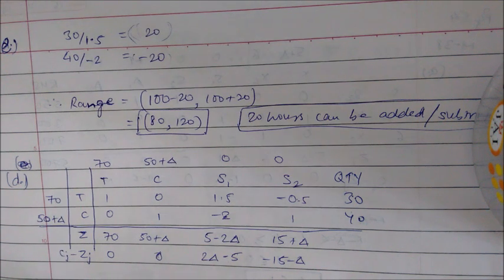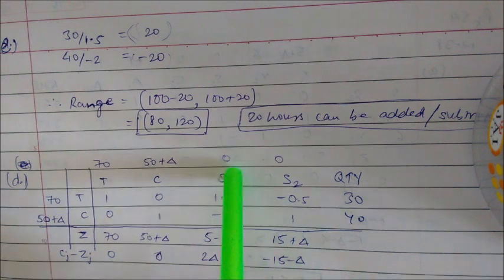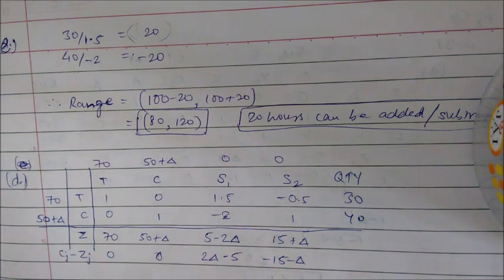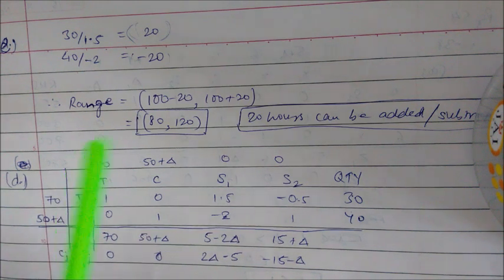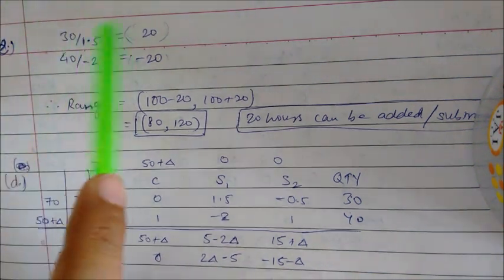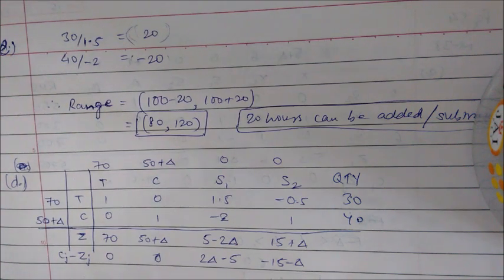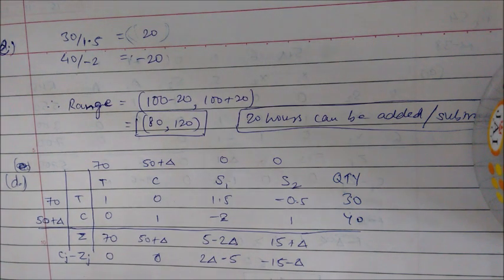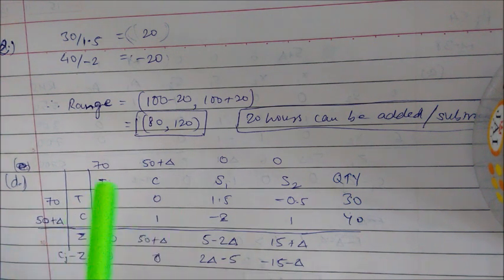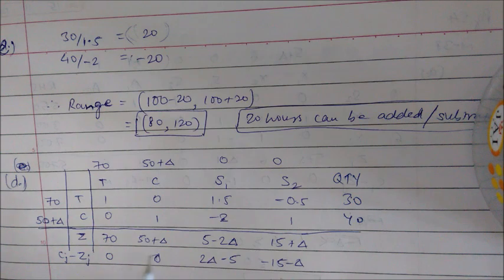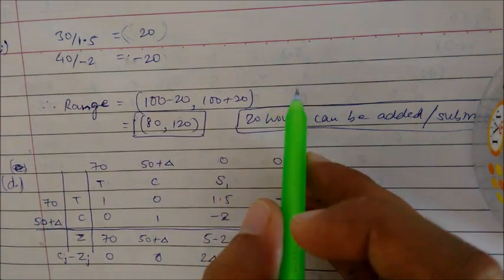Now in this question we only have two constraints, but if we had more than two constraints, we would automatically have more than two ratios. So out of however many ratios there are, we'll take the least negative and the least positive value. We'll add the least negative value to our initial resource.